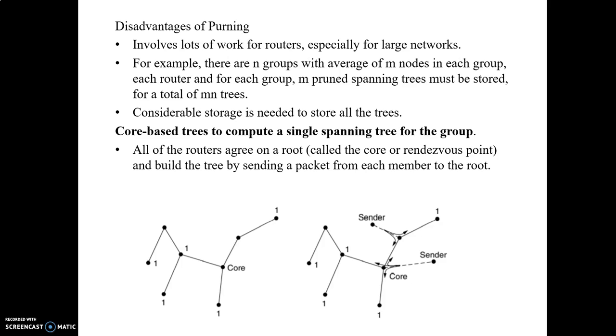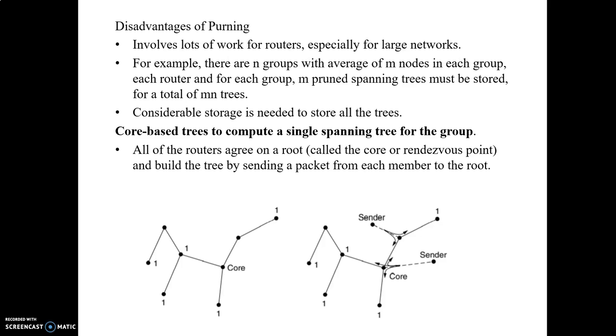Every router is supposed to store a large number of multicast trees. For example, if there are n groups with an average of m nodes in each of the groups, and each of these nodes wants to construct a tree, ultimately you will have m into n trees that must be stored by a router. That means the storage capacity required will also be more.